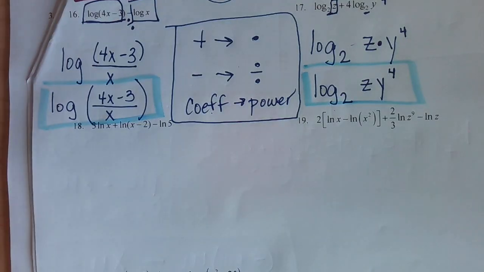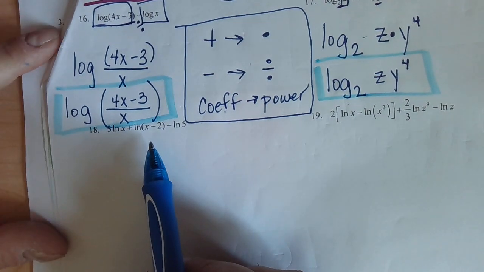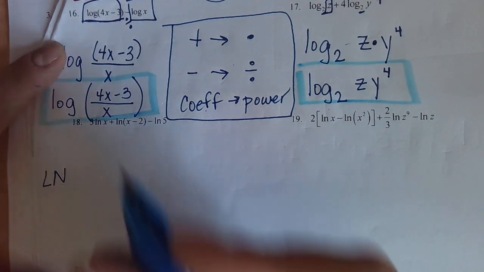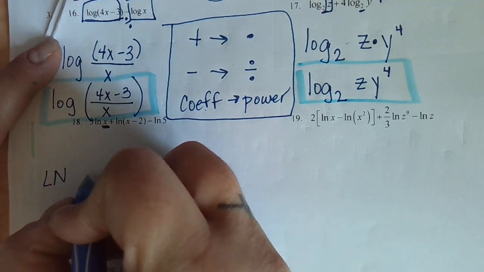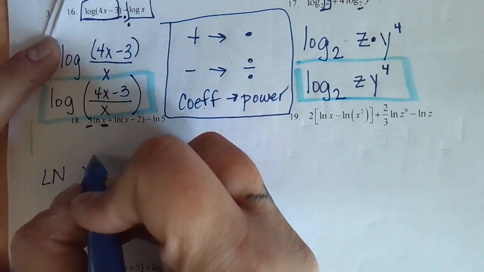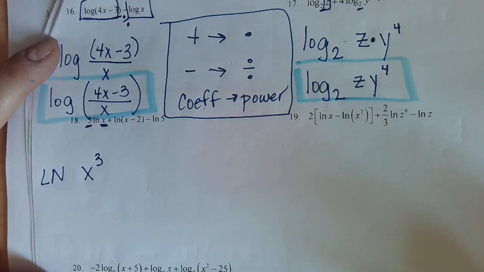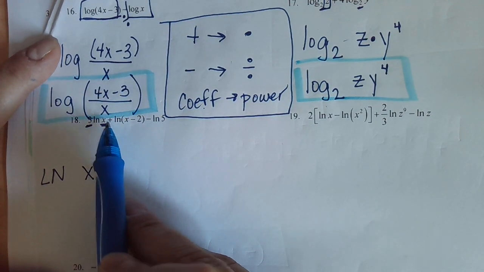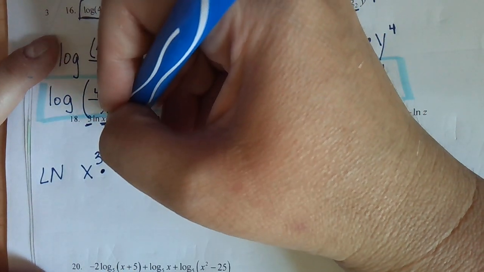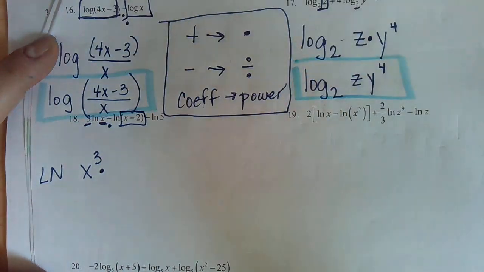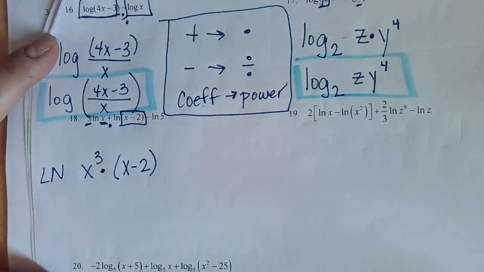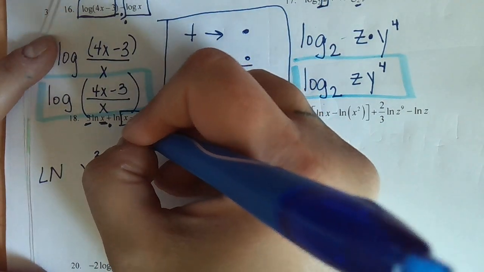All right, let's look at 18. We're dealing with ln this time, so we're going to have just one ln. Then there's my x, but it has a coefficient, so that 3 goes up on the x. Then we have a plus sign. What does plus mean? Multiply. So we put a multiply dot, and then multiply whatever comes after that ln, which is x minus 2. Then minus means divide.